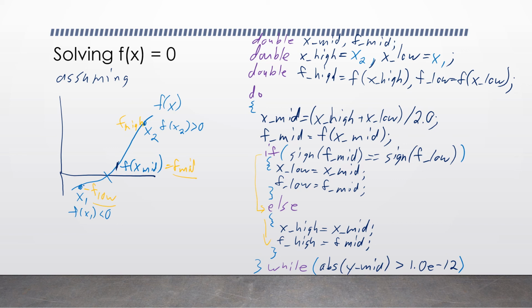So now we replace x high. So the new x high is there. And now we go back through the loop, and we'll get a new midpoint. Okay. Use a different color this time. We'll use green. So now x mid is there. F mid is there.